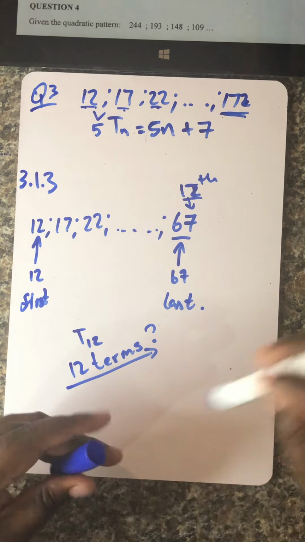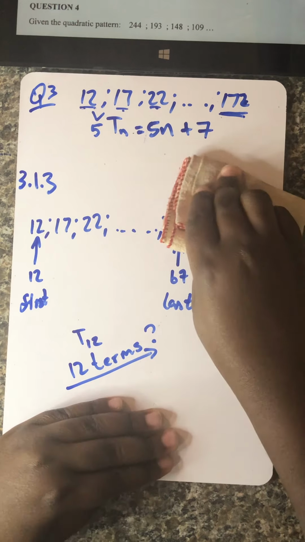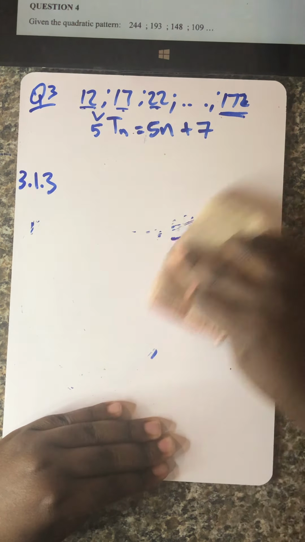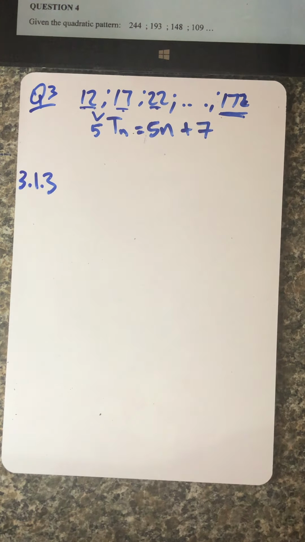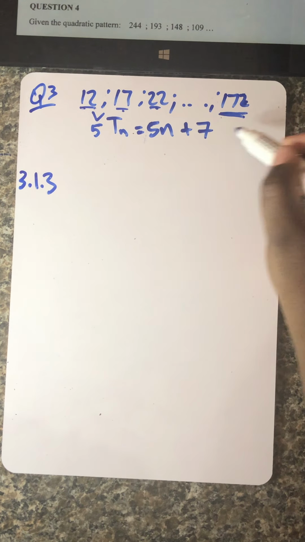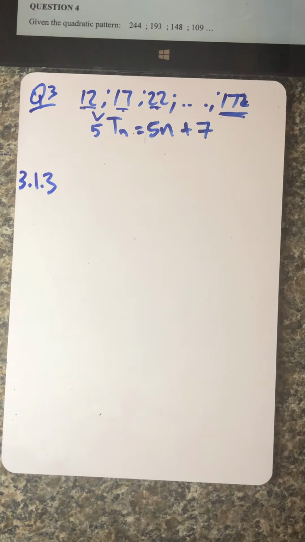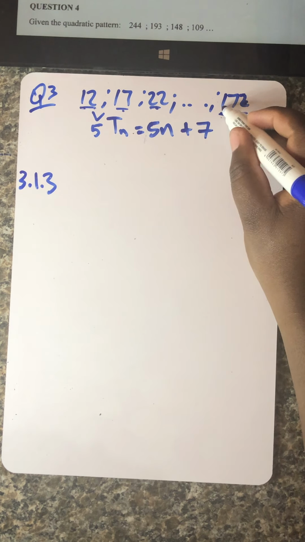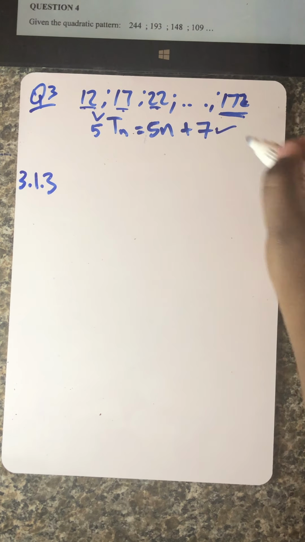So let's now try to answer that question. I hope you fully understood what the question wants from you. Because 172 is too far, guys, we cannot manually go on until we get to 172. So let's just use our shortcut.